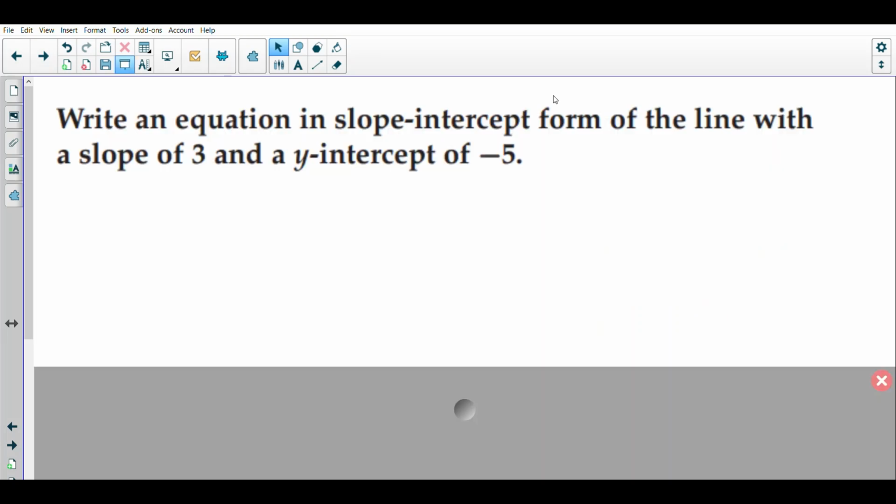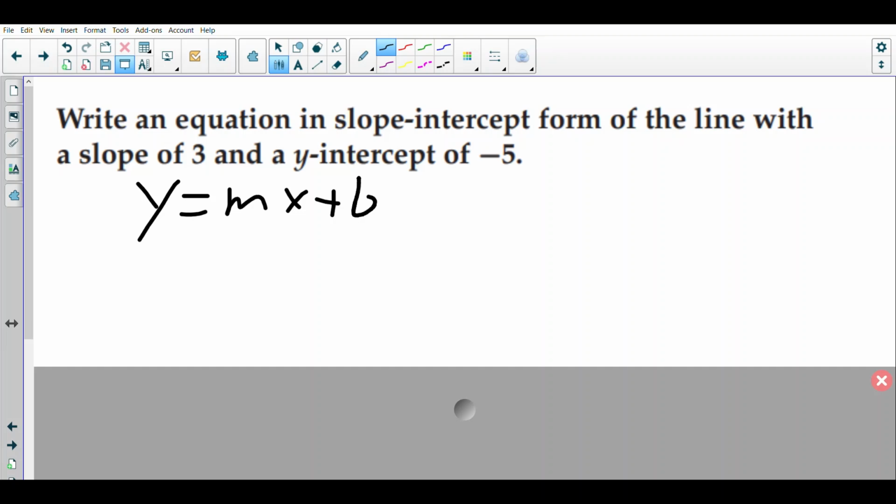Write an equation in slope-intercept form with the slope of 3 and y-intercept of -5. So we're looking at, remember, y equals mx plus b. Slope is just m, so m is 3, and then the y-intercept is just -5.